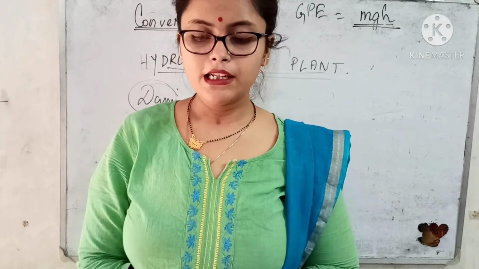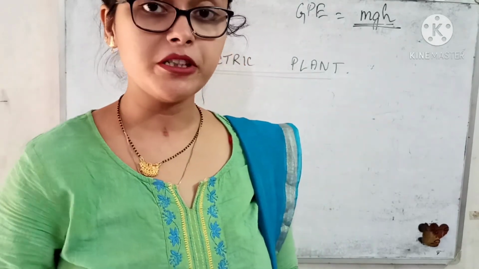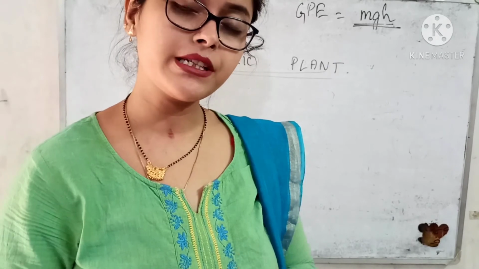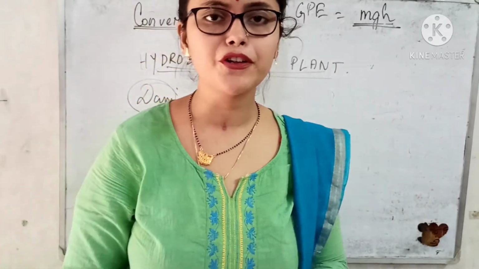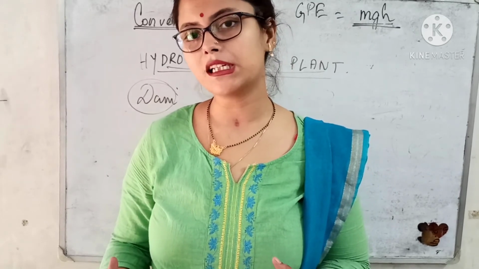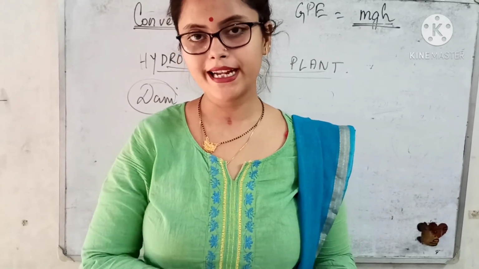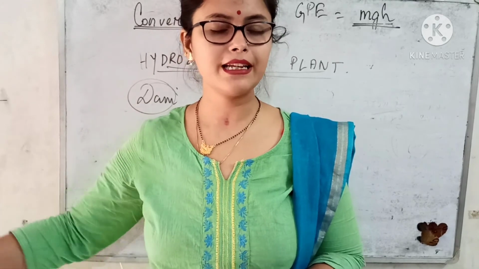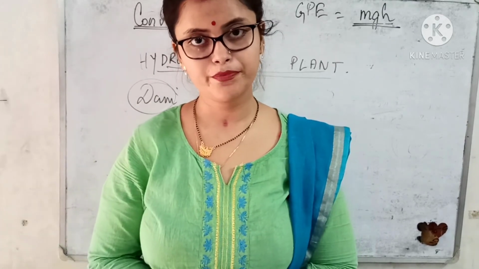Okay, so these are the three examples, very common examples, where we see that there is always a conversion of the two different forms of mechanical energy, from kinetic to potential to kinetic, and again as such.